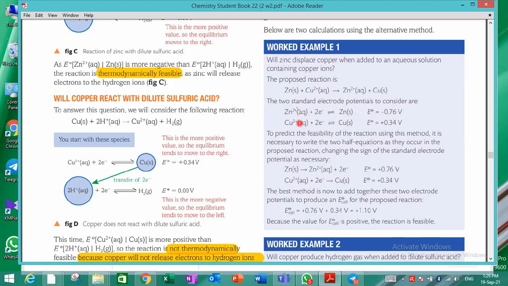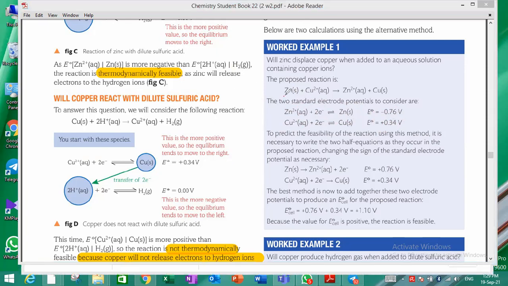Now, from this arrangement, will zinc react with copper ions or not? Will zinc react with copper ions or not according to this arrangement? Yes, it will. Why?